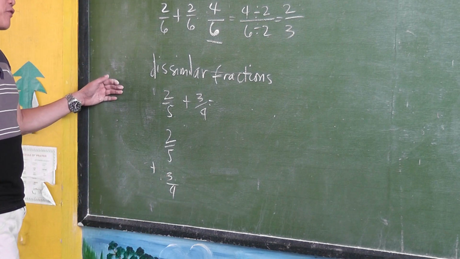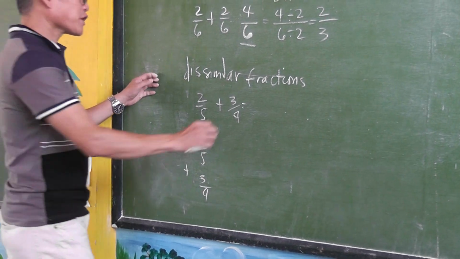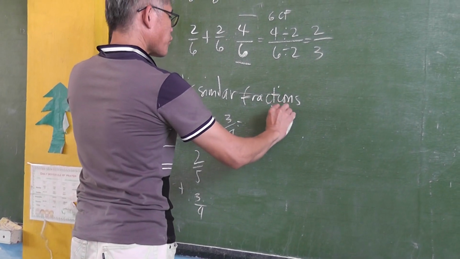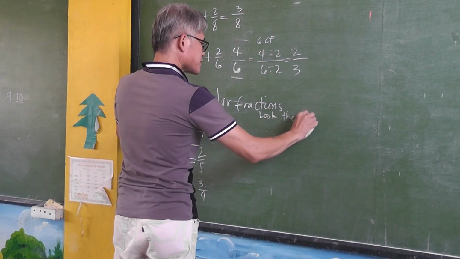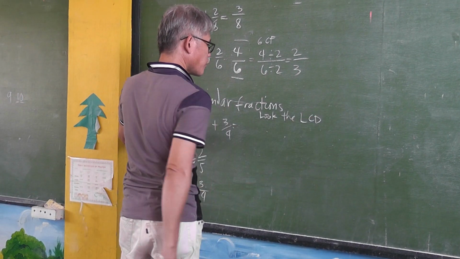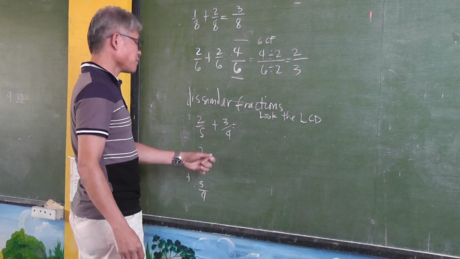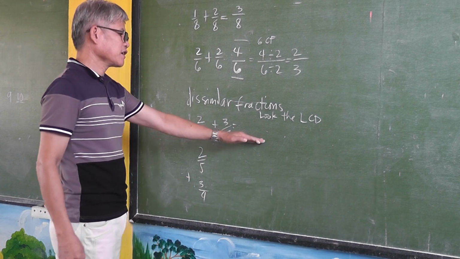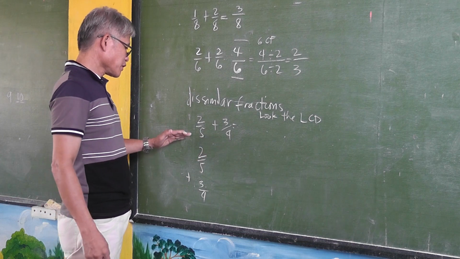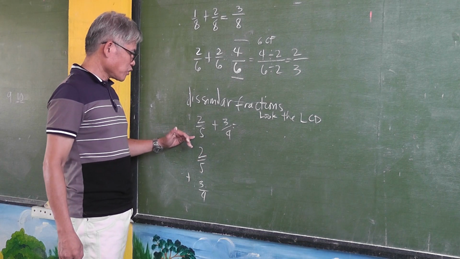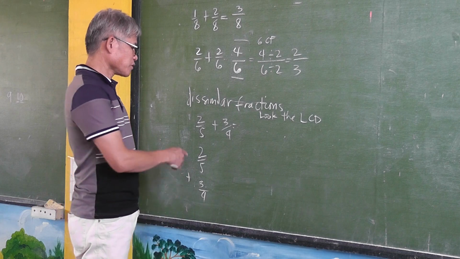In adding dissimilar fractions, we are going to look for the LCD or the LCM of the denominators. LCD, least common denominator, because we're looking for the common multiple of the denominators.